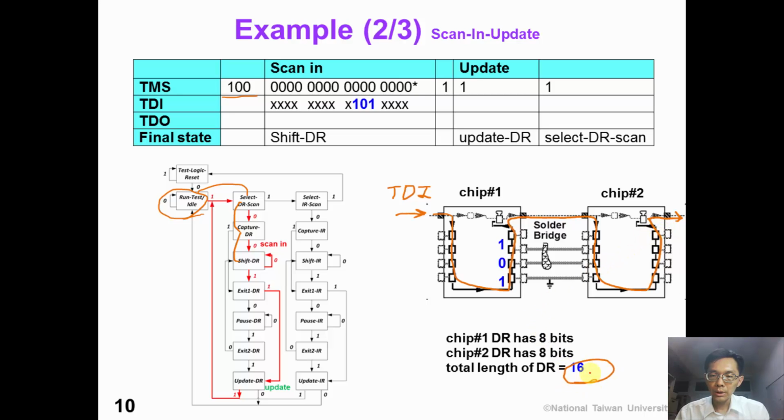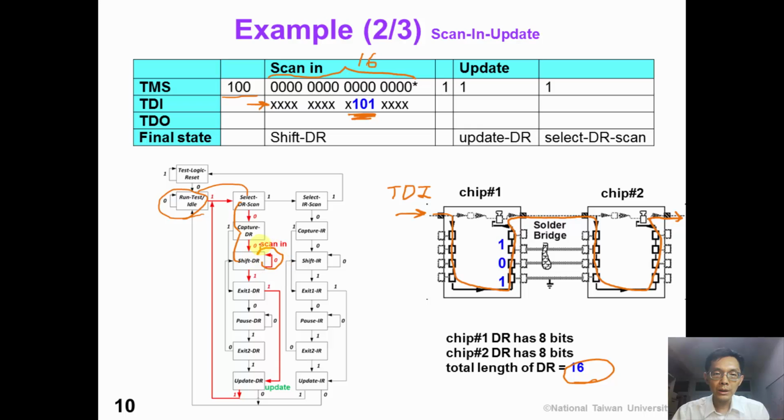So there are a total of 16 bits of data register on this board. So we apply 6 zeros in TMS, and we apply our test input data 101. Again, please note that the test data is shifted from the left bit first.